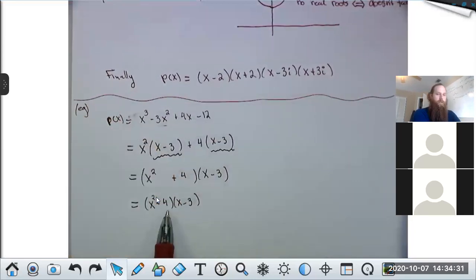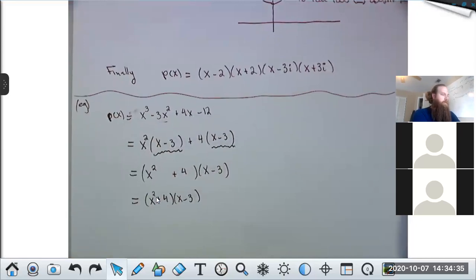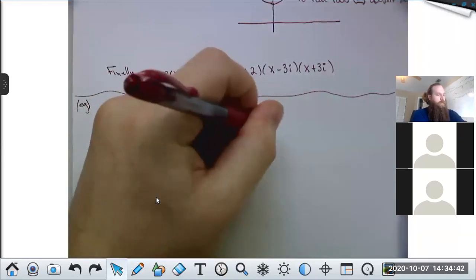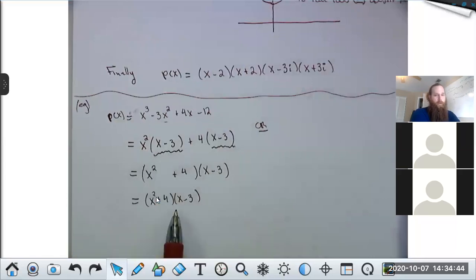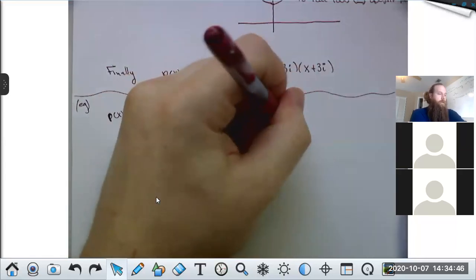And then the same trick for factoring x squared plus 4 works like we used for x squared plus 9. It will be x minus 2i times x plus 2i. Or, if you're not comfortable with this, you can use the rational roots theorem.